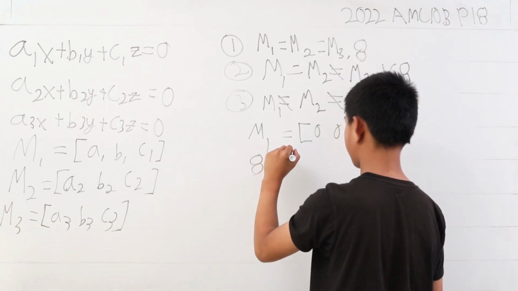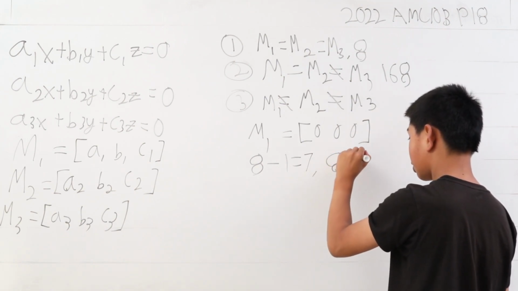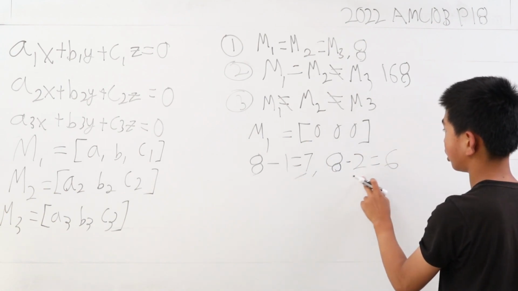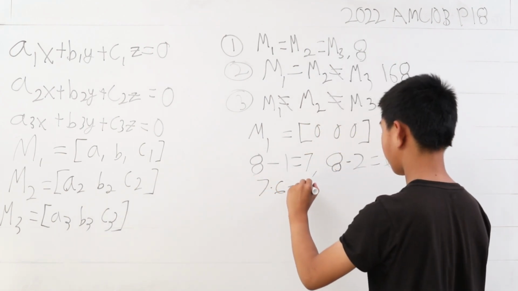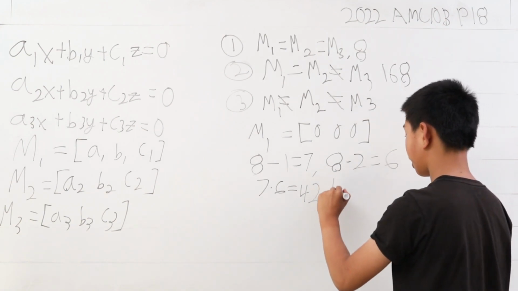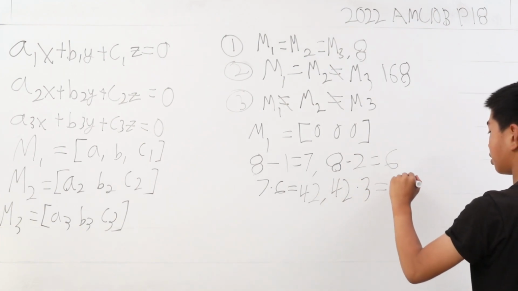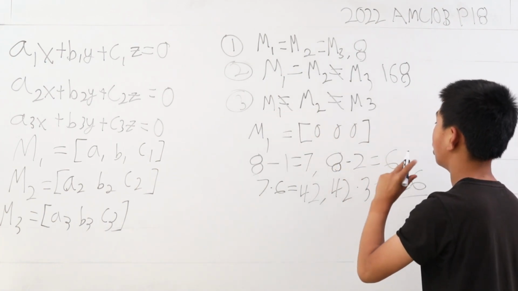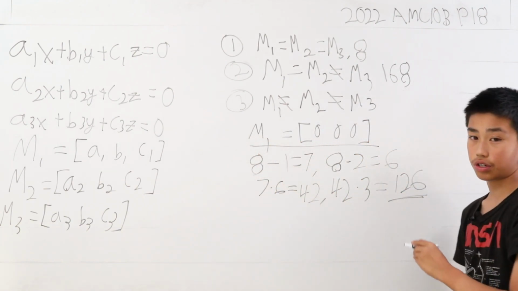You subtract 1, so this is 7. But now 8 minus 2 is 6. We have these new numbers because they're not equal. Now 7 times 6 is 42. But we're not done yet. We multiply 42 by 3 because it can be switched around two more times. So this is 126. We have solved this subset where M1 is equal to 0, 0, 0. This is 126.